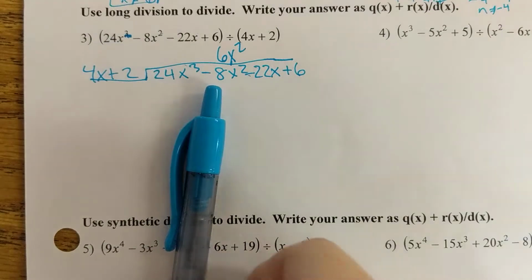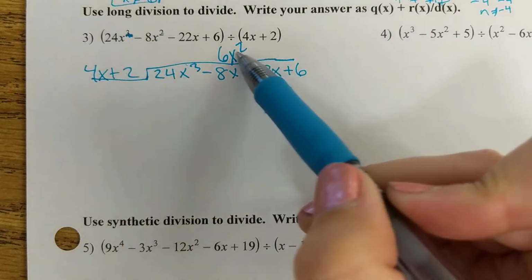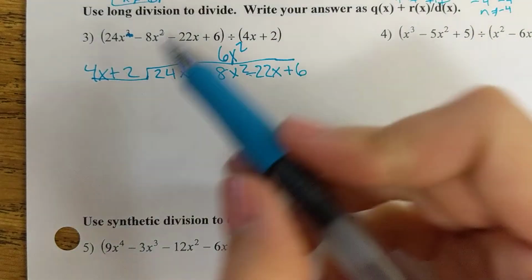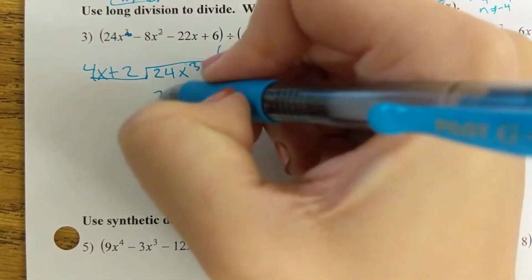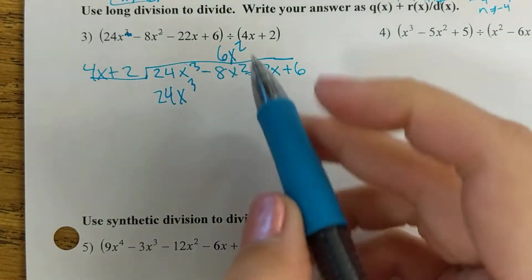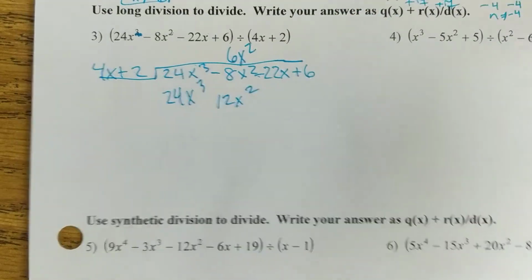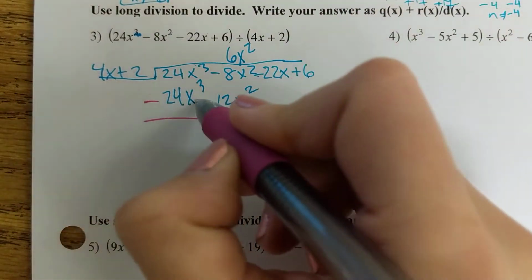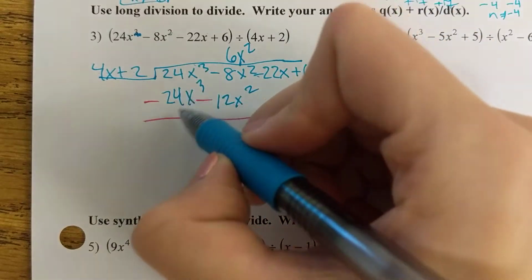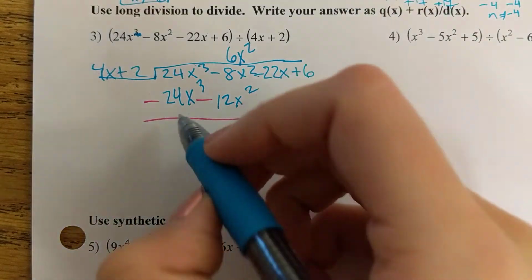And now we'll multiply each of the divisor's pieces by the first piece of the quotient. Okay, 4x times 6x squared, 24x cubed. 2 times 6x squared is 12x squared. Draw your line and change your signs. So now we're adding because the draw your line, change your signs thing was the subtraction.